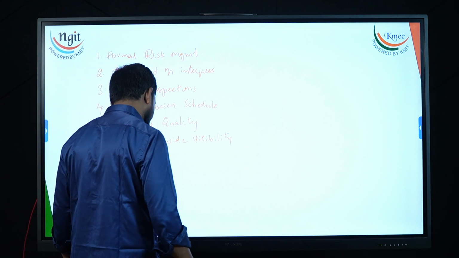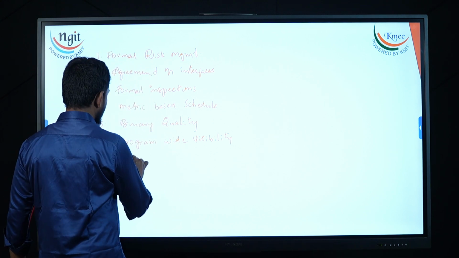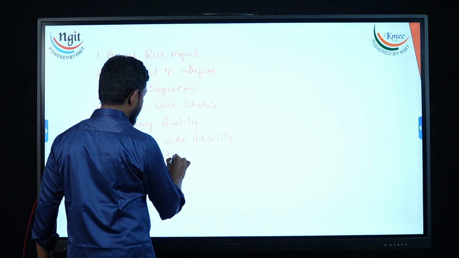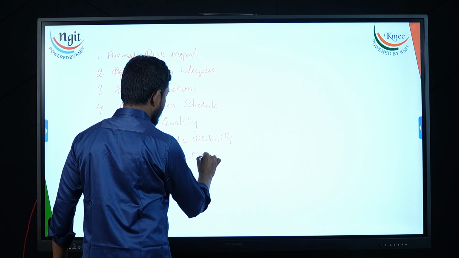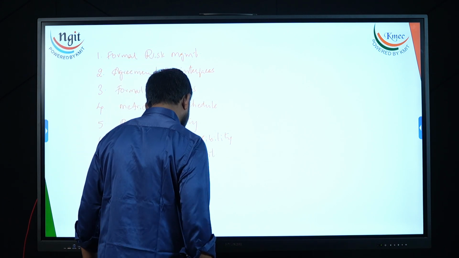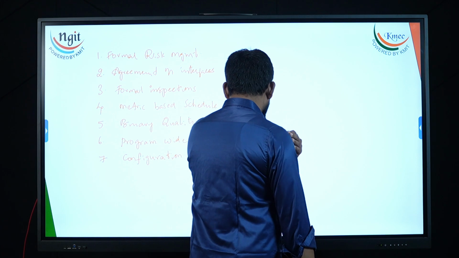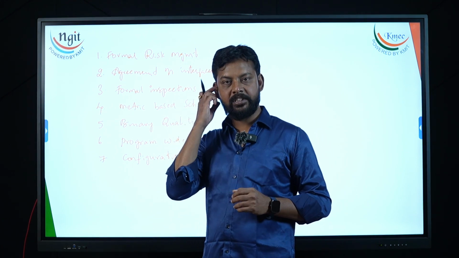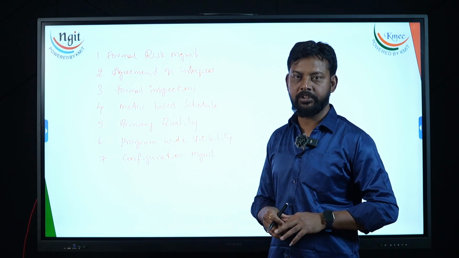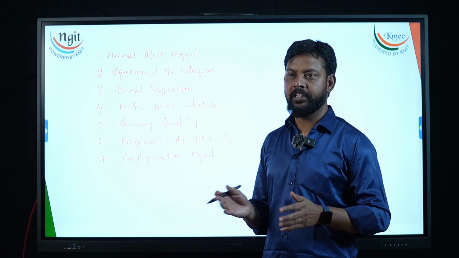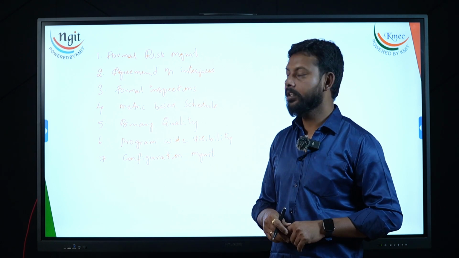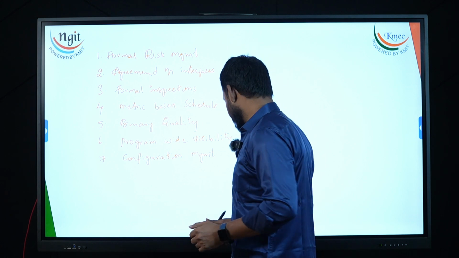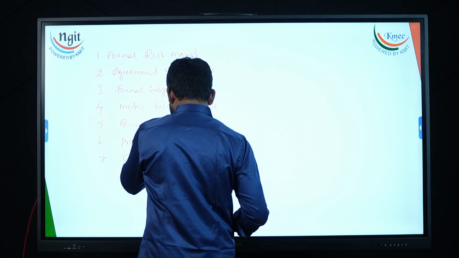The seventh principle you have is configuration management. This works with the dynamics of your project, the modern software approaches, and whether there is any deviation in the requirements or dynamics.